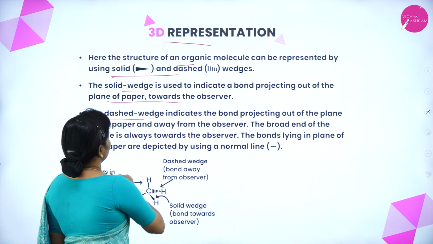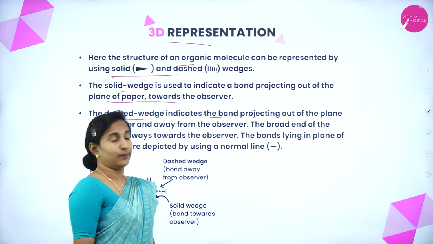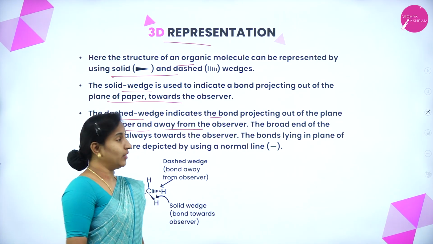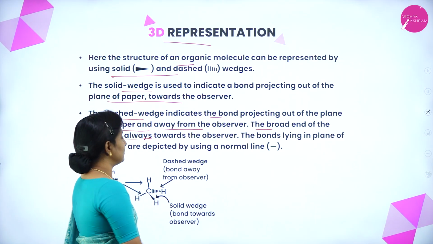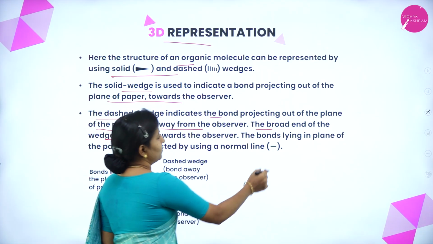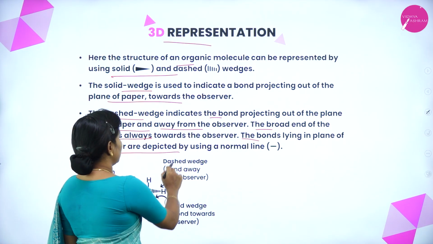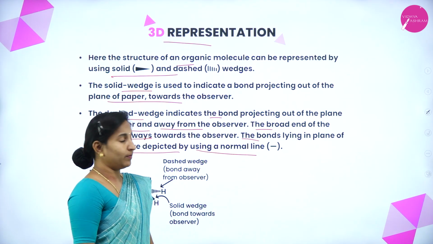The dashed wedge indicates the bond projecting out of the plane of the paper and away from the observer. The broad end of the wedge is always towards the observer. A bond lying in the plane of the paper is depicted using a single normal line.